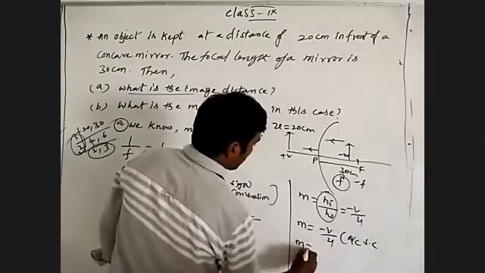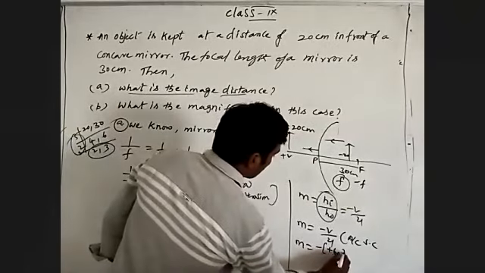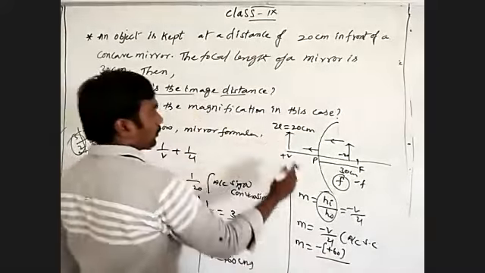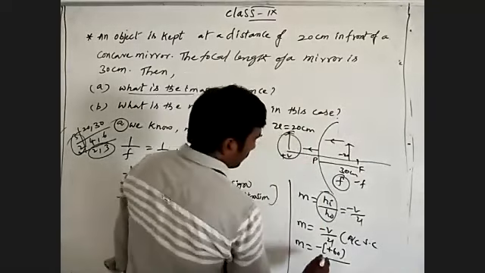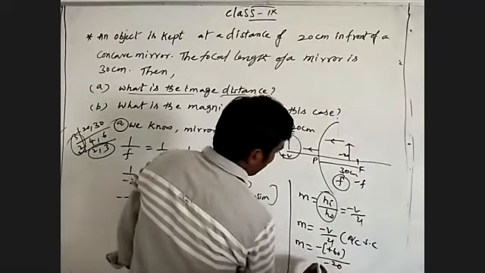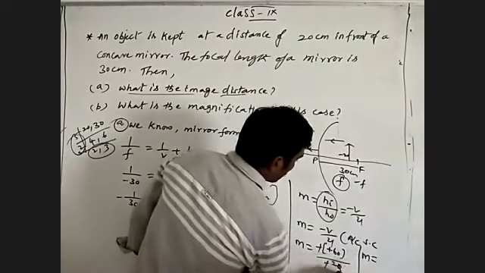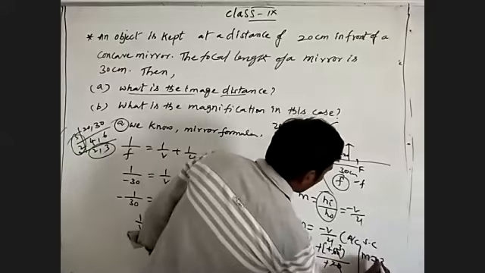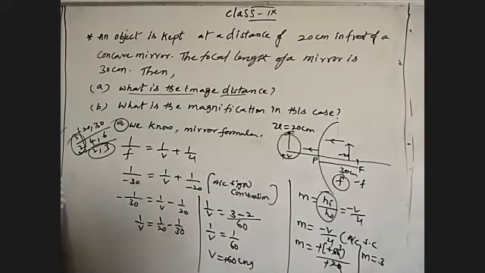So magnification is equal to minus v, which is plus 60, by u, object distance is minus 20. Minus minus cancels. So magnification is equal to 3. Plus 3 is the magnification.